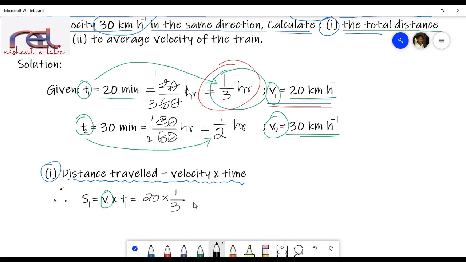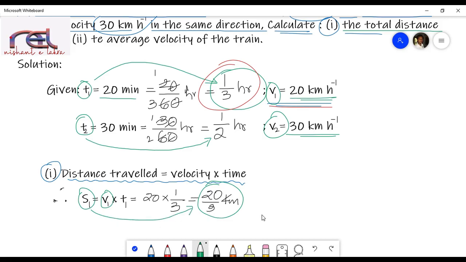When we further solve this, we will get 20 by 3 kilometer. We'll just keep it as a fraction. We'll just keep S1 as 20 by 3 kilometer.